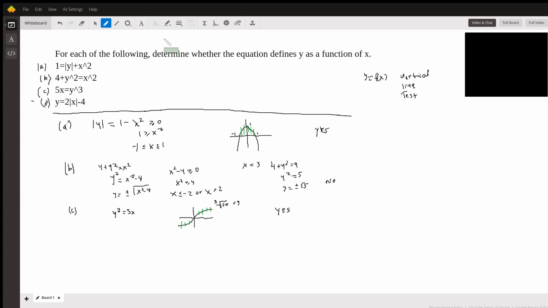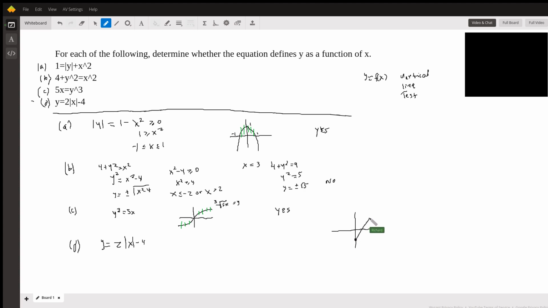And then the last one. So part D. Y equals 2 times absolute value of x minus 4. So the graph is just going to be the absolute value graph, which we know looks like a V. And we're just going to bring it down 4.